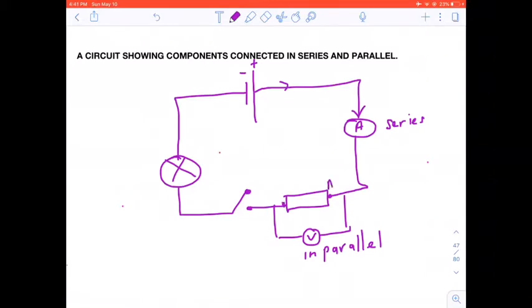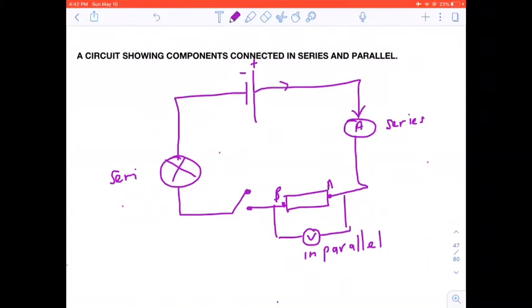Let's call them A and B, right? And it measures the voltage between the two points, and here your bulb is also connected in series, right?